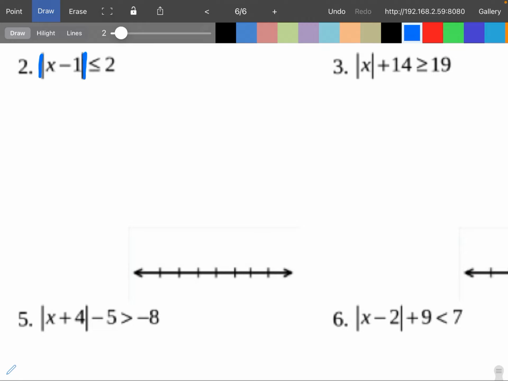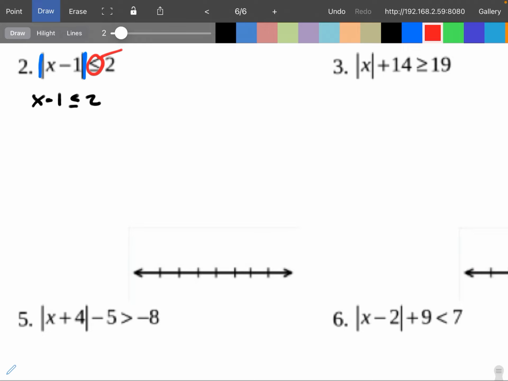So here's number 2. Is the absolute value all by itself? Yeah, the only thing on the left-hand side is just this thing, right? So that means we can go right to the 2 cases. So again, the first case, we're going to drop the absolute value and write it kind of just like it is.